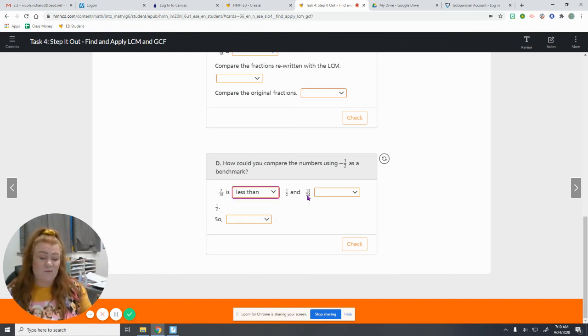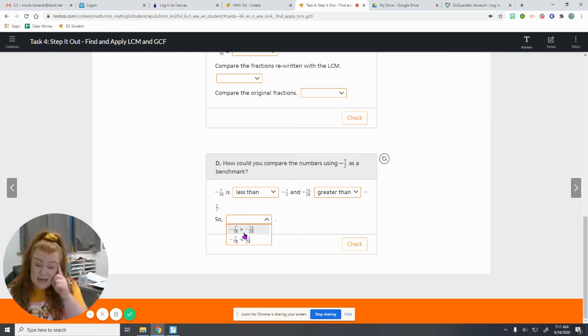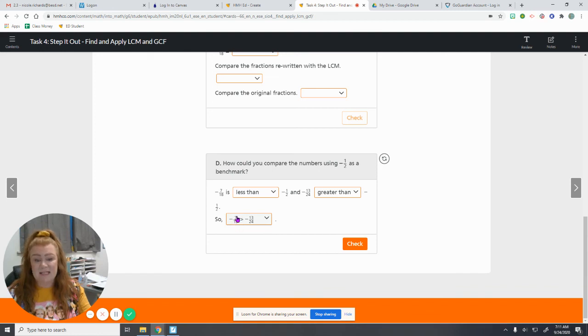And half of 24, if I divide that by 2, is 12. 13 is bigger than 12, so I know that this is bigger than 1/2. And remember these are negatives though, so the one farther to the right is still that 7/18 is greater than negative 13/24. So remember when we're doing negatives, think about where they are on that number line.